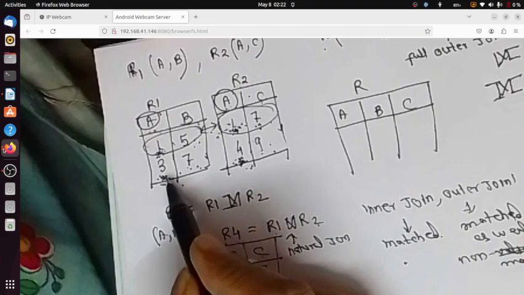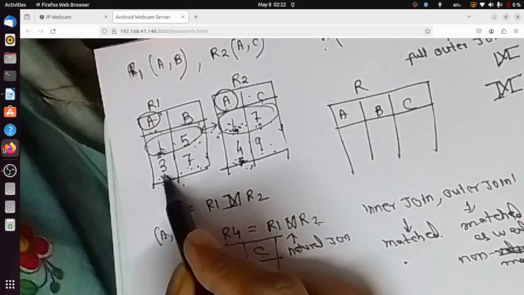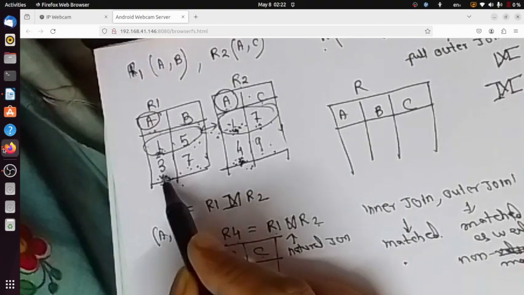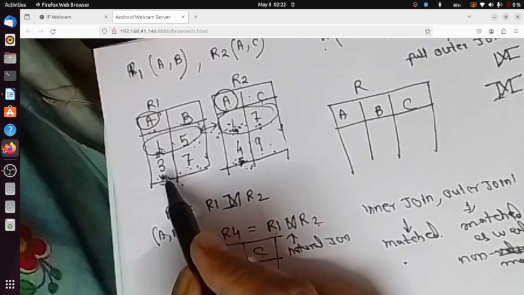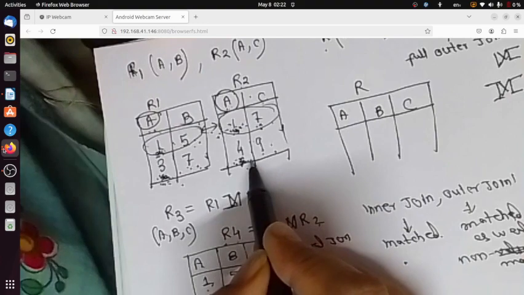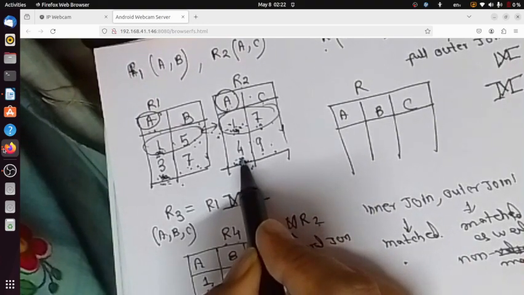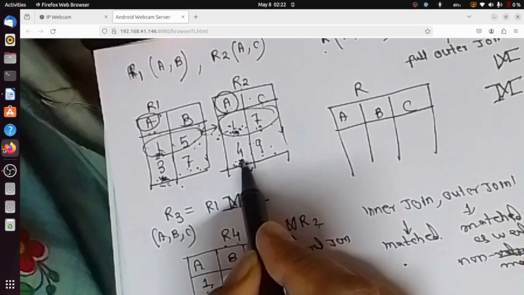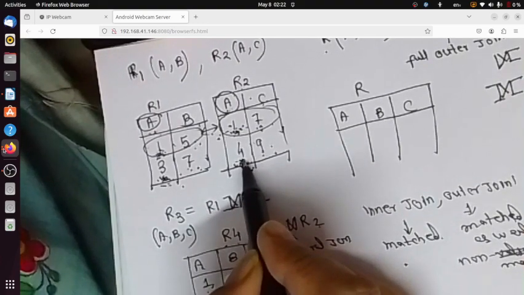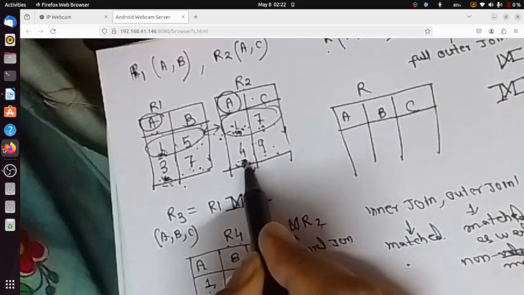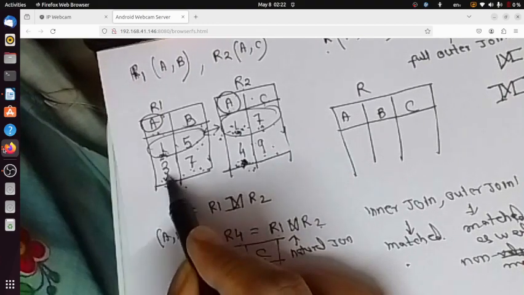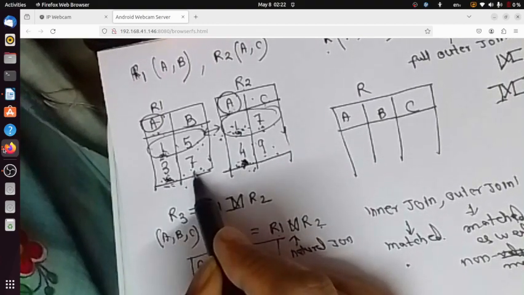For example, in R1 the value in column A is 3, and there is no such record in R2 which has value 3 in column A. So this 3, 7 is a non-matched record from relation R1.